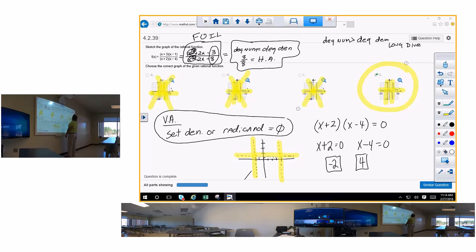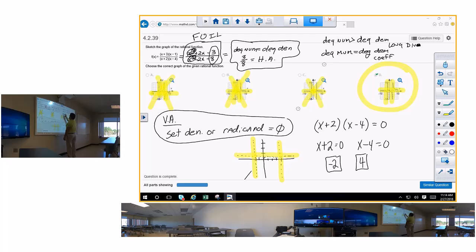And either you're going to have a vertical asymptote or it's going to turn out to be an oblique asymptote.